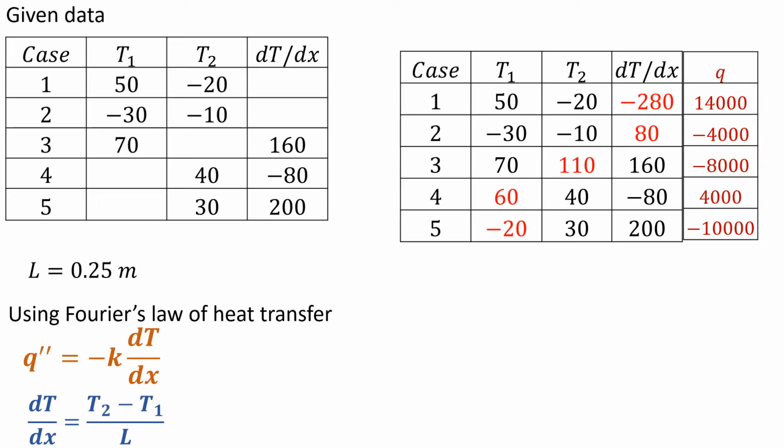In actual, heat is transferring from higher temperature to the lower temperature, but in our assumption we assumed T1 to be greater than T2, but in the second case T1 is lower than T2. That's why a negative sign comes in our equation. Same for case 3, same for case 5.